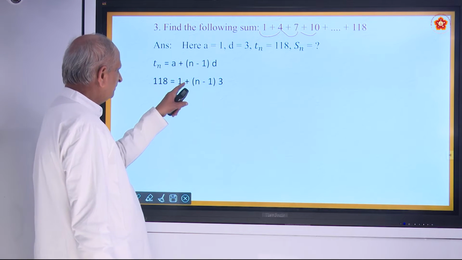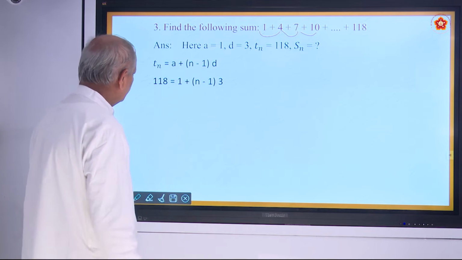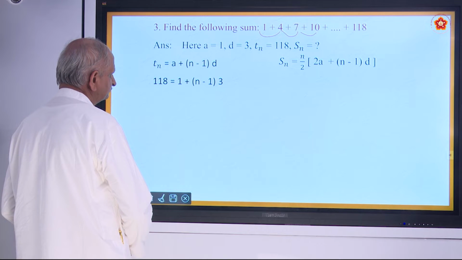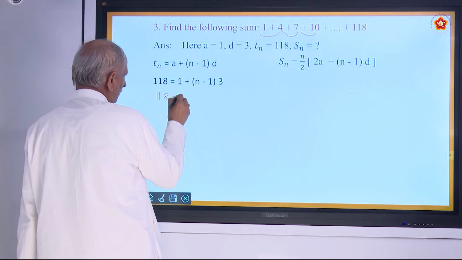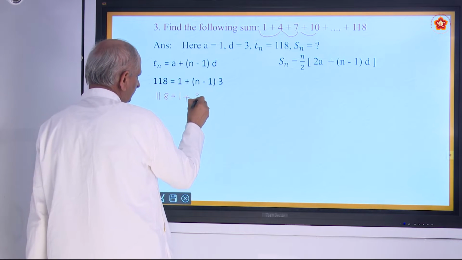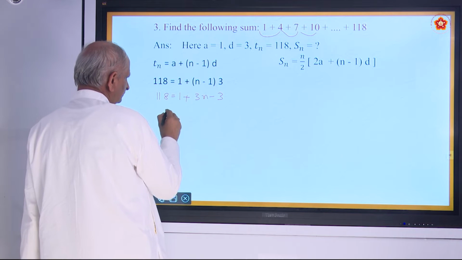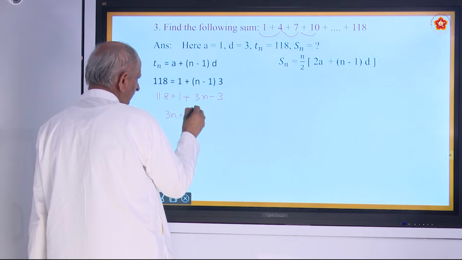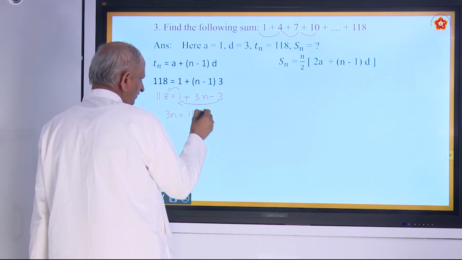A is 1 plus, because you must know how many terms there are, you don't know. So if you multiply, this will be 118 is equal to 1 plus 3 into n, 3n minus 3, and this 3n is equal to 118 plus 1 come this side, minus 1, minus 3 brought this side, plus 3.